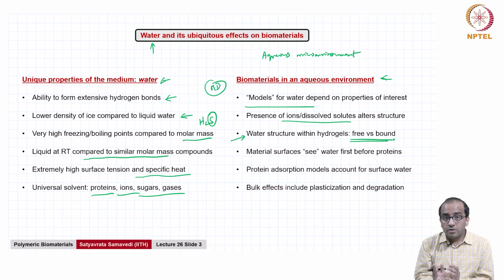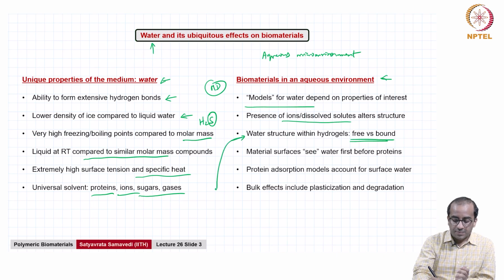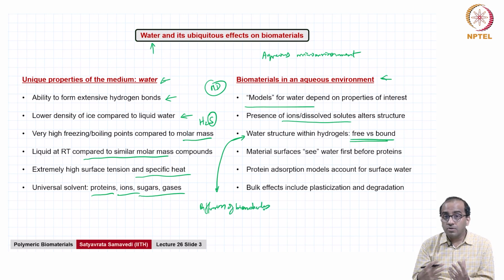And that is going to influence things like diffusion of biomolecules, how cells attach to biomaterials, all of these are going to be influenced by the nature of water that we are talking about.